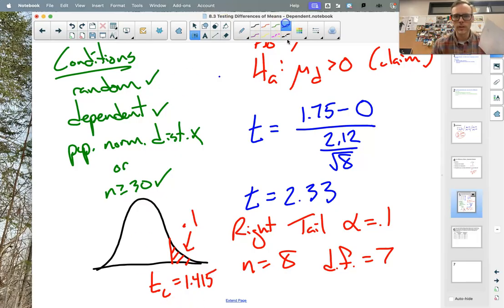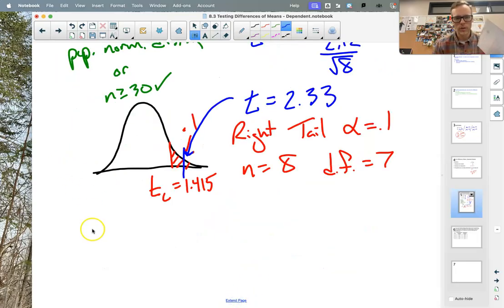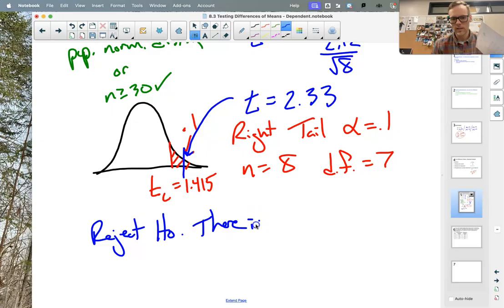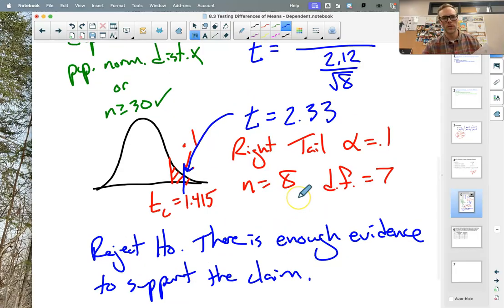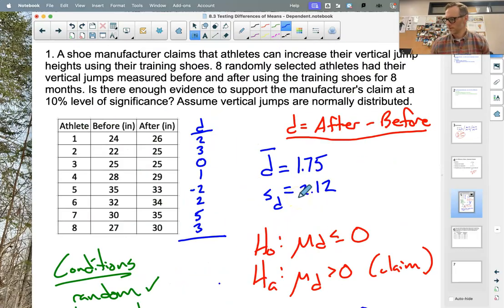Now I'm going to look. Where's my t-score? 2.33. Well, that's definitely to the right of that critical t-score. It's in the rejection region, so we are going to reject the null. There is enough evidence to support the claim that these training shoes do increase vertical jumps.